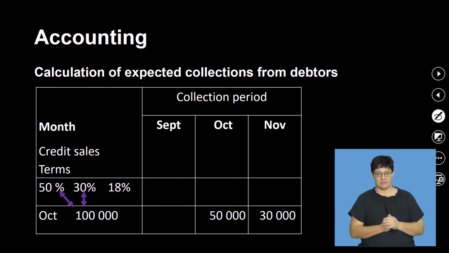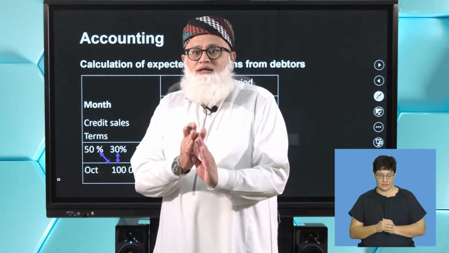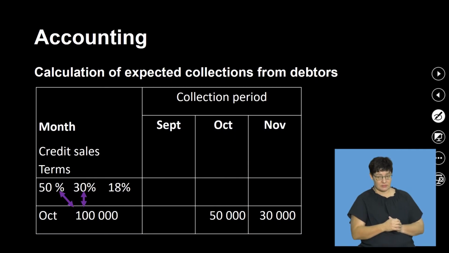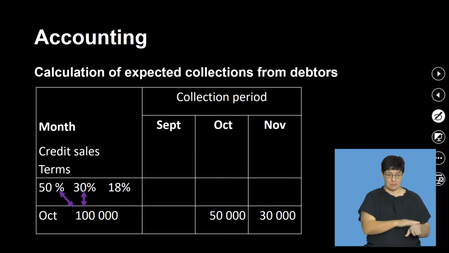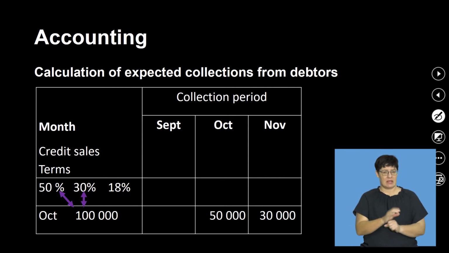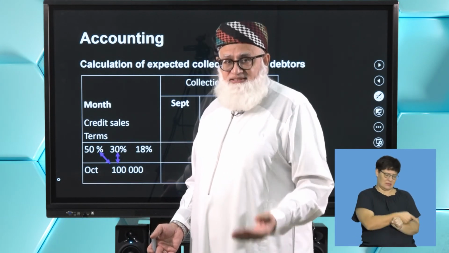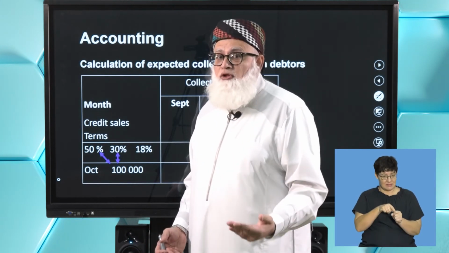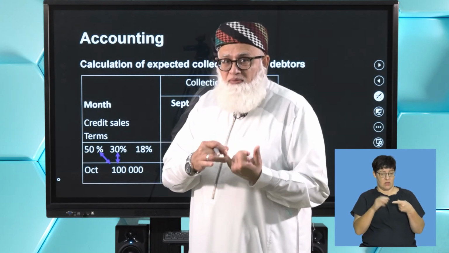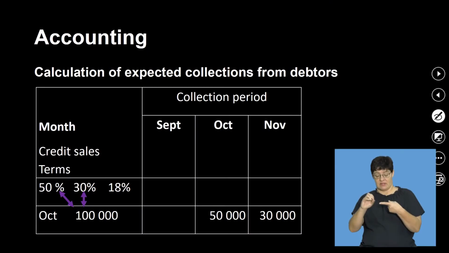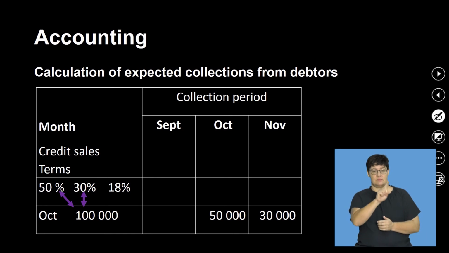We now move into October. Remember, October, if you're looking at your collection period, obviously October can't impact on September because it's the month prior to the credit sale. How will October impact? It will impact in the following manner. October will be 50%. Let's do that first. 100,000 times my 50%.